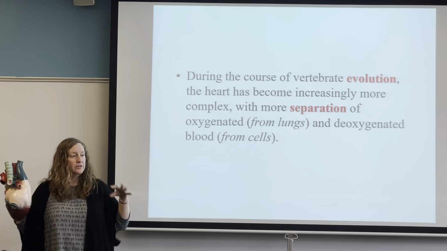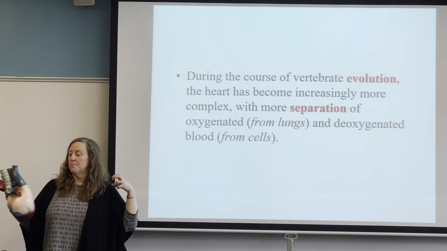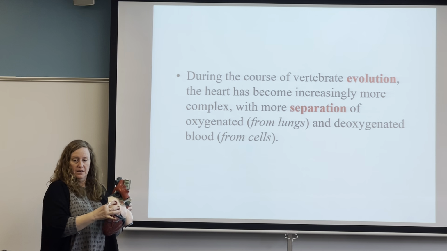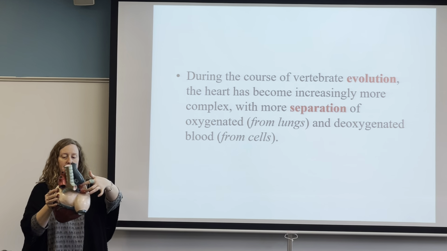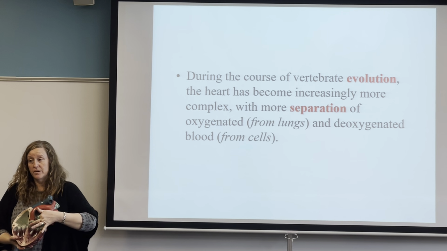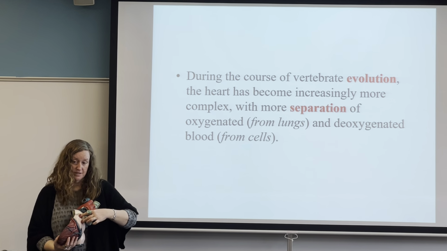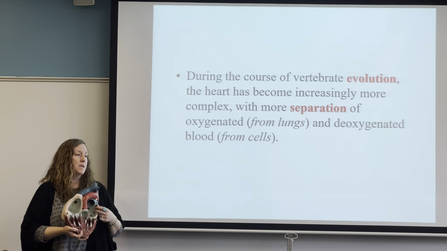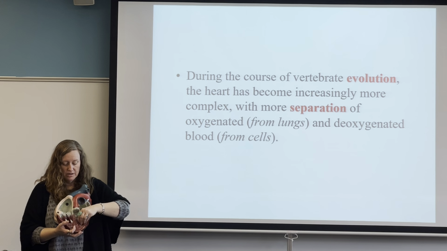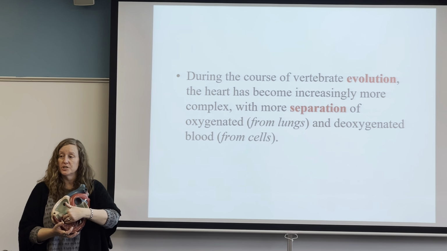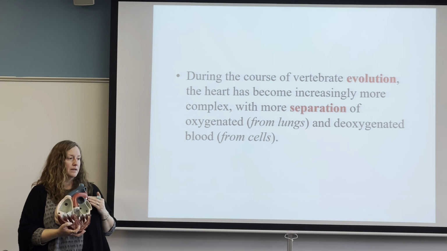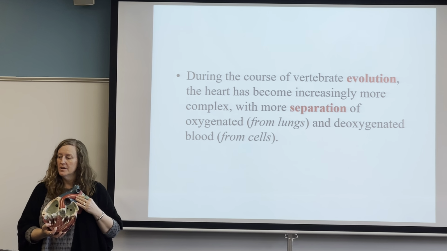In the lungs, it's going to drop off carbon dioxide and pick up oxygen, and then from each of the lungs it brings the blood, and this one sneaks through into here, the left atrium. You can see this goes right into the left atrium, and then it collects that oxygenated blood and pumps it down. And again, it's separated from the deoxygenated blood, and then it pumps it out to the rest of the body through the aortic arch.